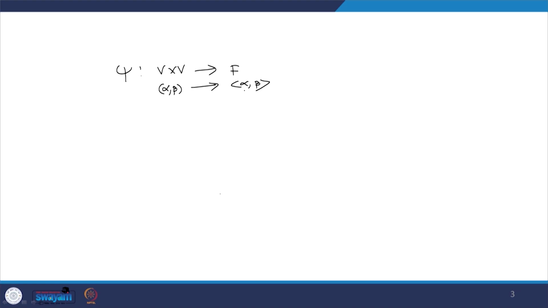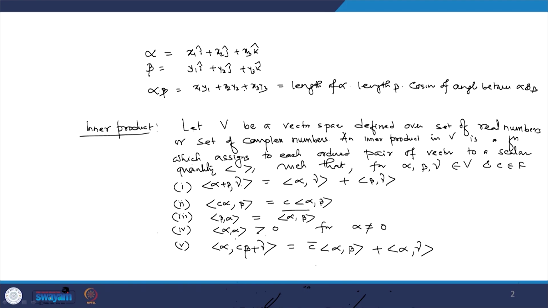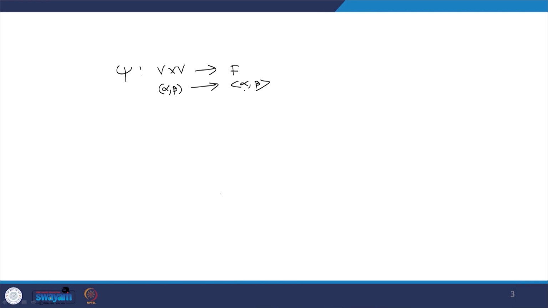So, based on this, you can see one thing: if you do not consider the third axiom, that is, inner product of beta alpha equals the conjugate of inner product of alpha beta, then this fourth axiom will not remain valid when you consider the vector space over the complex numbers. For example, inner product of i alpha and i alpha, if I write simply, is equal to i square inner product of alpha alpha, where alpha is a vector and i is an imaginary quantity.